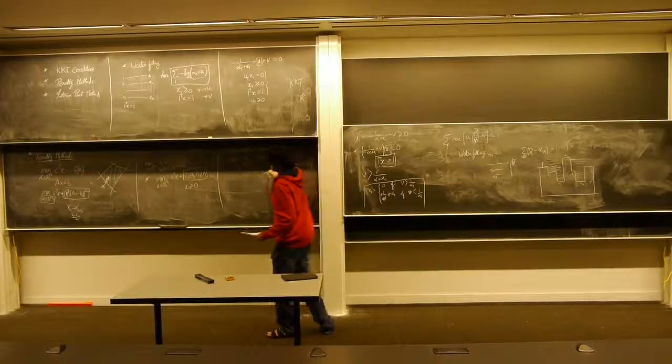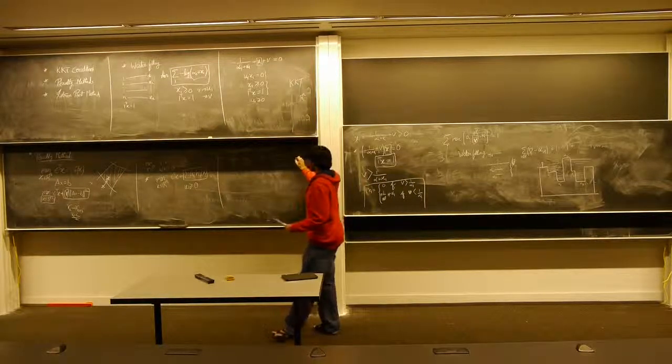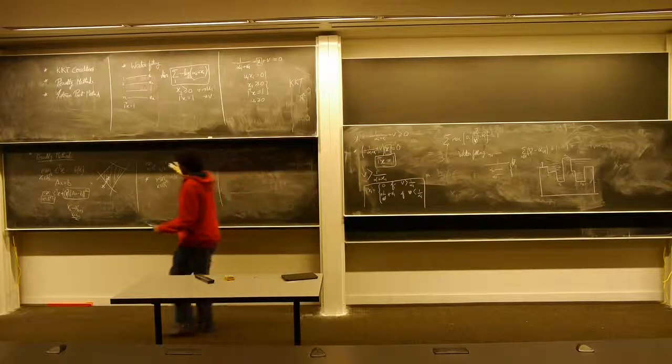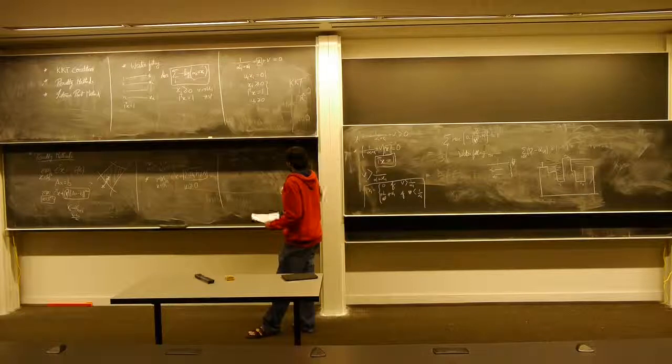Here you have two terms, this Lagrangian term and the penalization term. So you are combining both of these, right? And then you try to solve this problem.